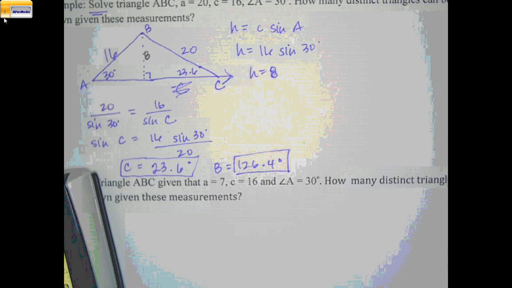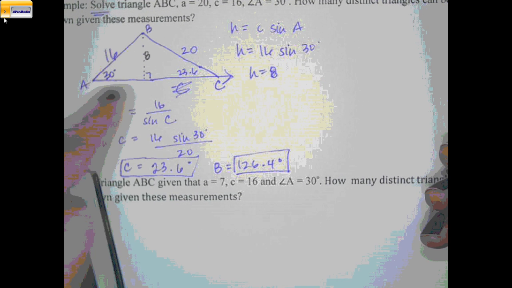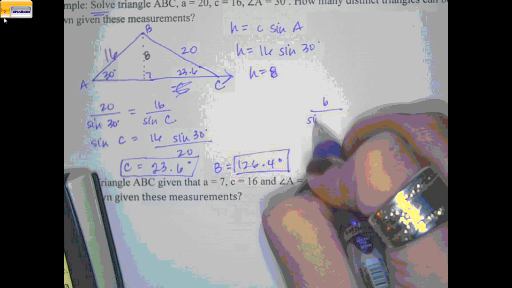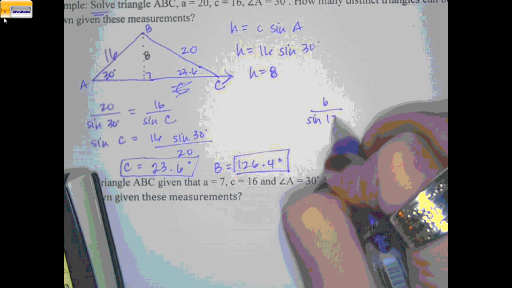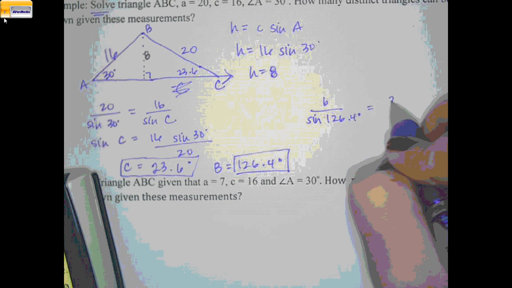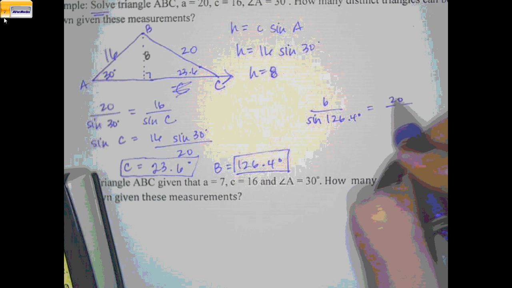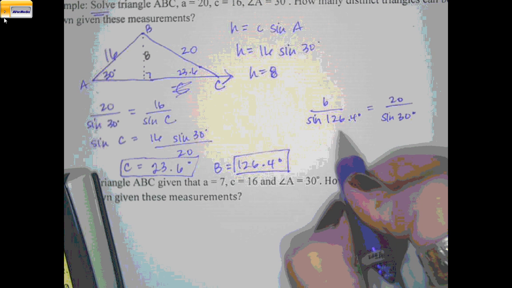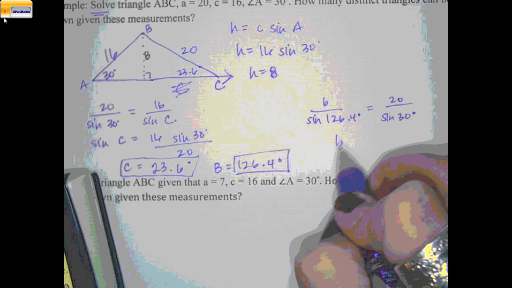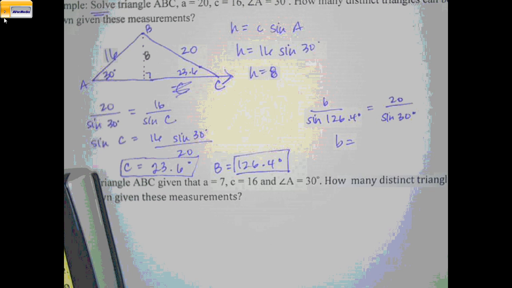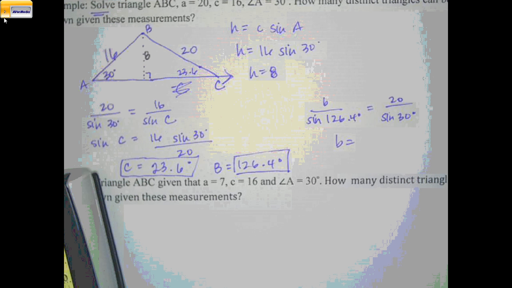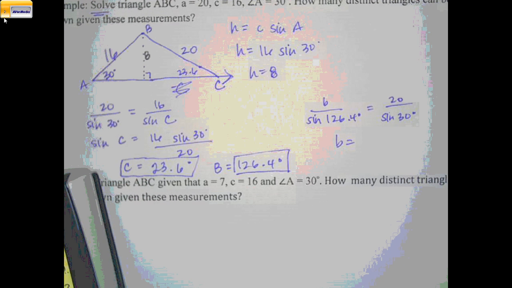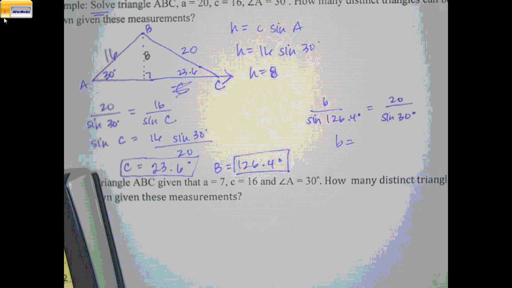All right, so we have C and B. So now I just need side B. So B over sine of B equals A over sine of A. Did you guys get 32.2?